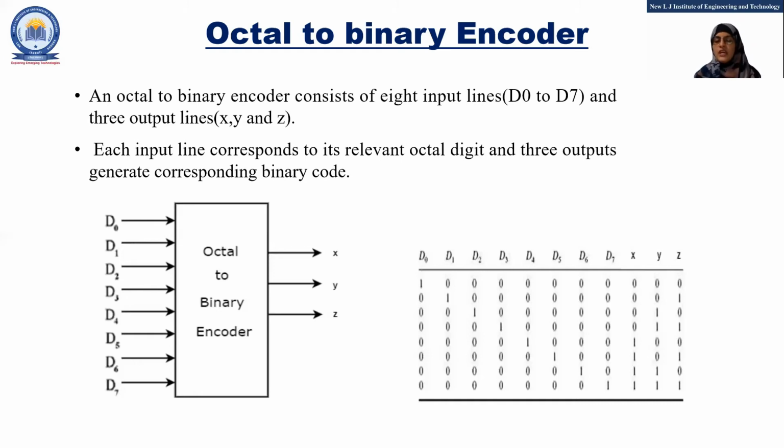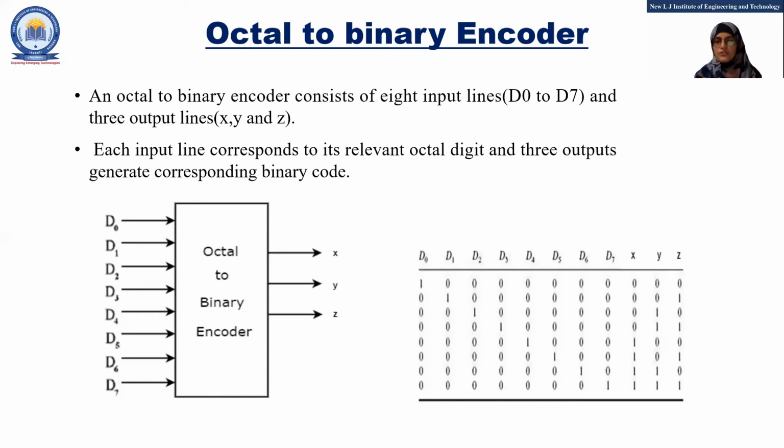Here we have to make equations for X, Y, and Z separately. We can see that for inputs D4, D5, D6, and D7, X will be 1. For inputs D2, D3, D6, and D7, Y is 1. And for inputs D1, D3, D5, and D7, Z is 1.